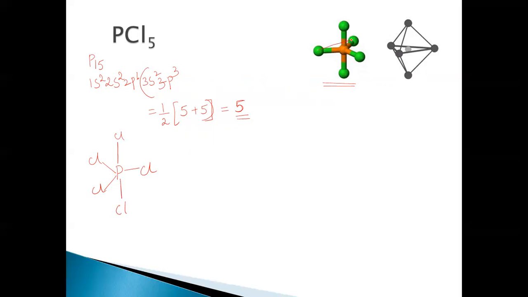this is one plane of the molecule, and above and below the plane, there are two other chlorines which are bonded to this phosphorus. So how does it look? It is bipyramidal, right? Like two pyramids, one pyramid above and one below.